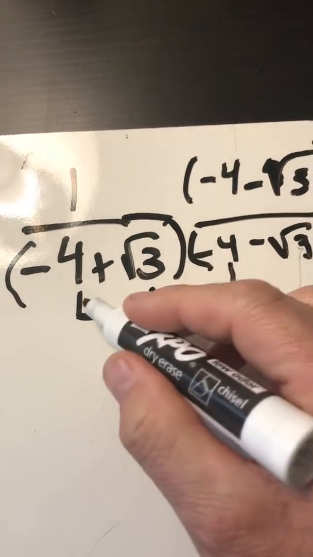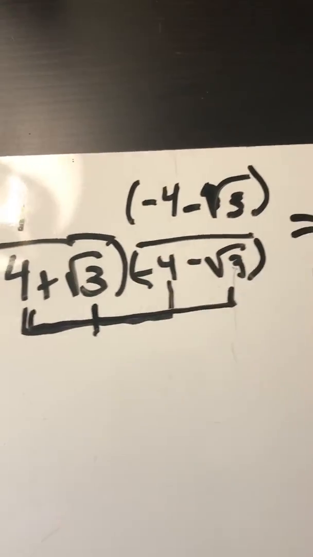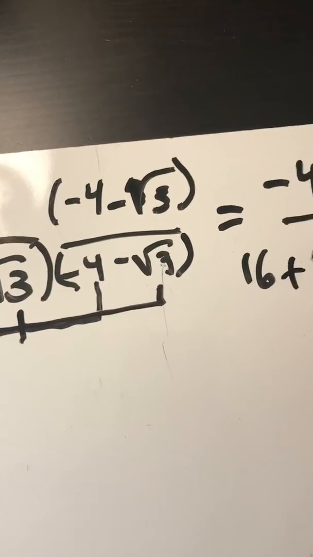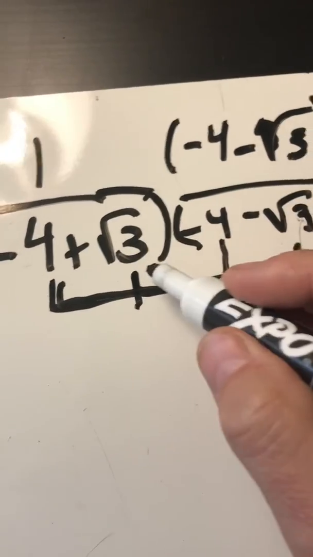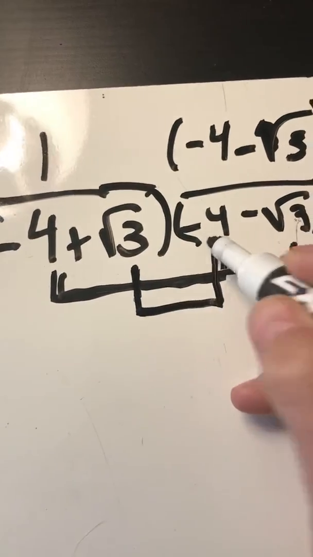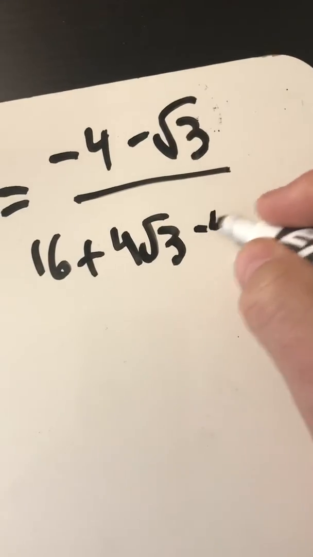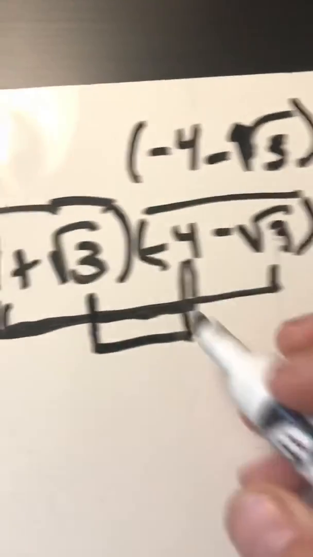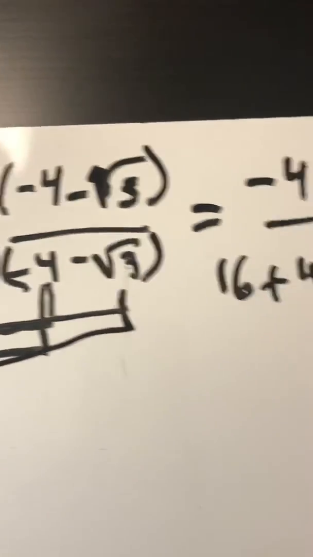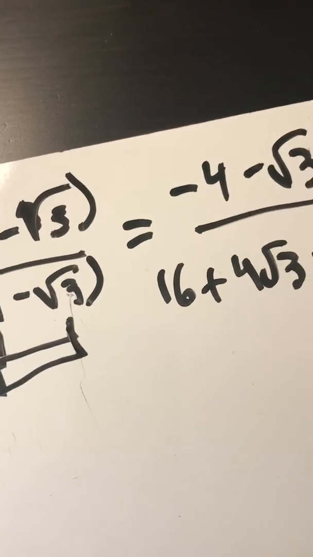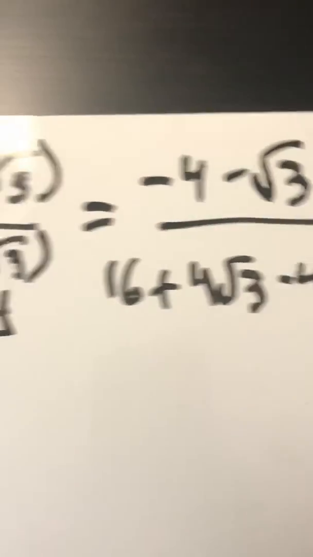Then you're going to do, and I'll do it out just so you can see it, negative 4 times negative radical 3, which is plus 4 radical 3. Then radical 3 times negative 4, which is negative 4 radical 3. And then radical 3 times negative radical 3, which is negative radical 9.